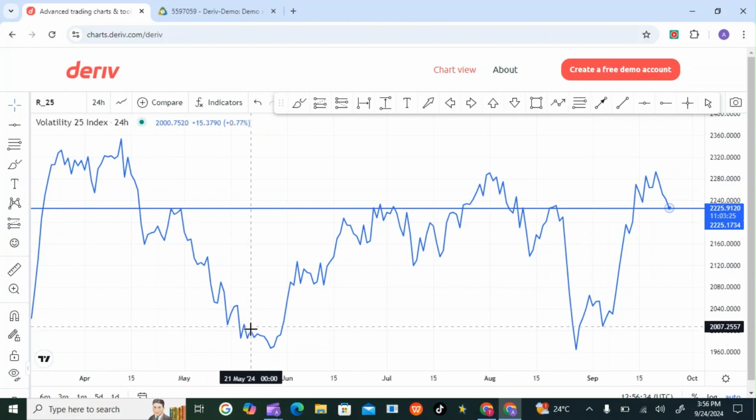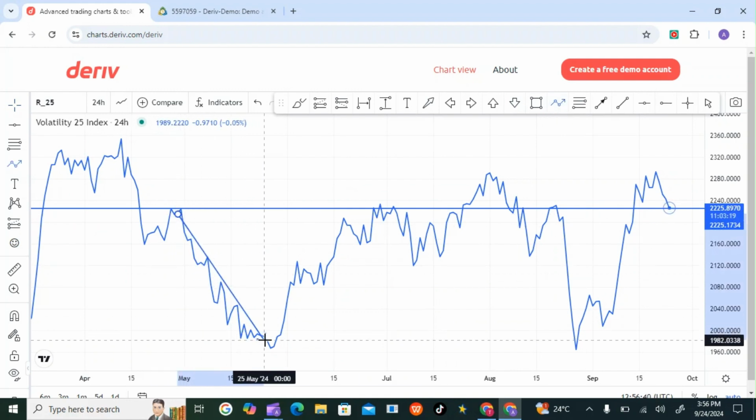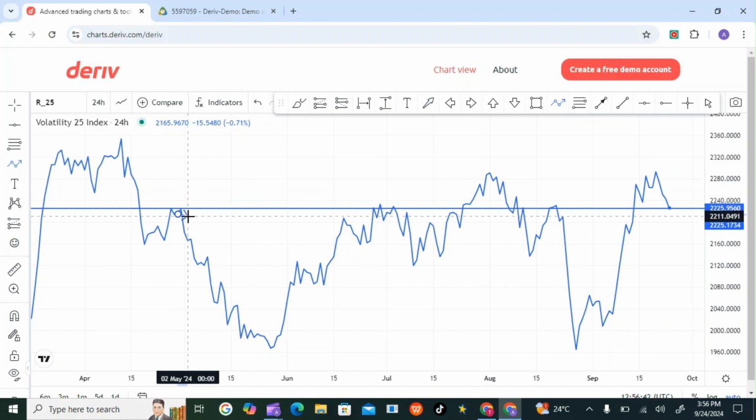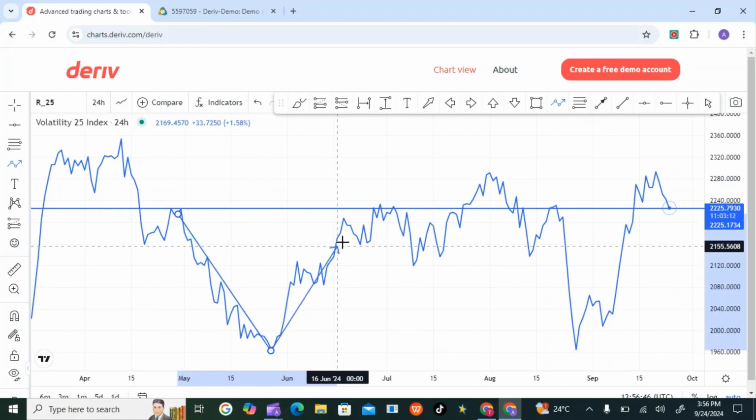So a trader would have known that after moving downside and leaving that support zone, then predicting that we are moving up, reaching this zone, it becomes a resistance zone.